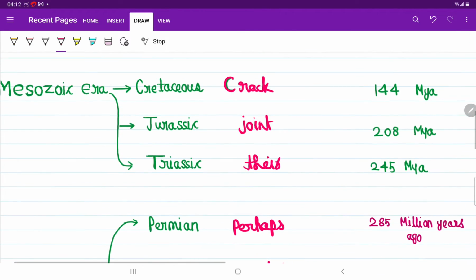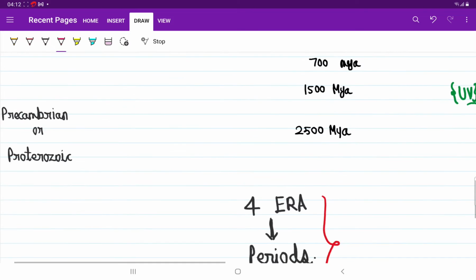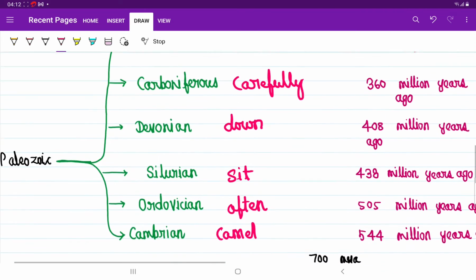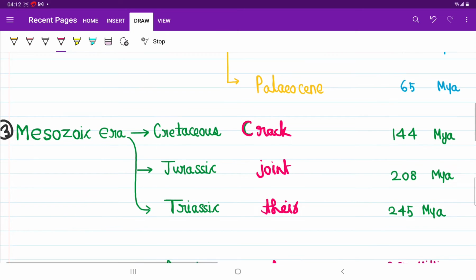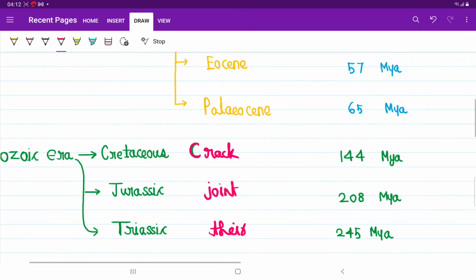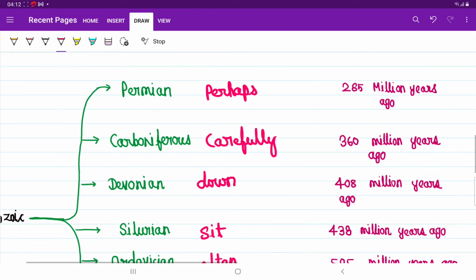Camel often sit down carefully, perhaps their joint crack. Cambrian, Ordovician, Silurian, Devonian, Carboniferous, Permian, Triassic, Jurassic, Cretaceous. Fine. Okay.